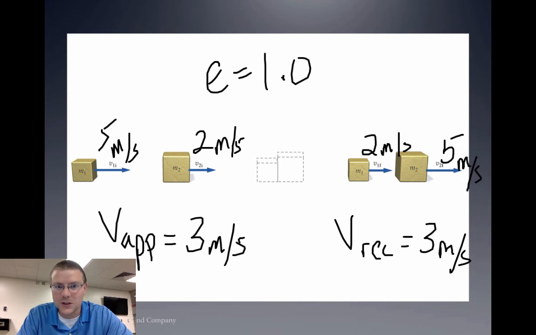If that coefficient of restitution is anything less than 1, then you can figure out the speed of recession. If you know one of the velocities afterwards, you can figure out how quickly they're pulling apart. But again, momentum will be conserved, energy will be lost.